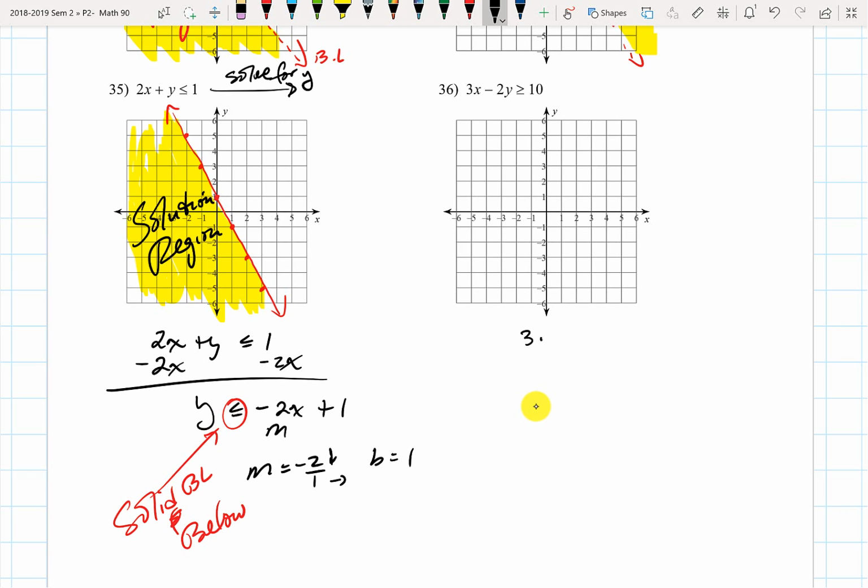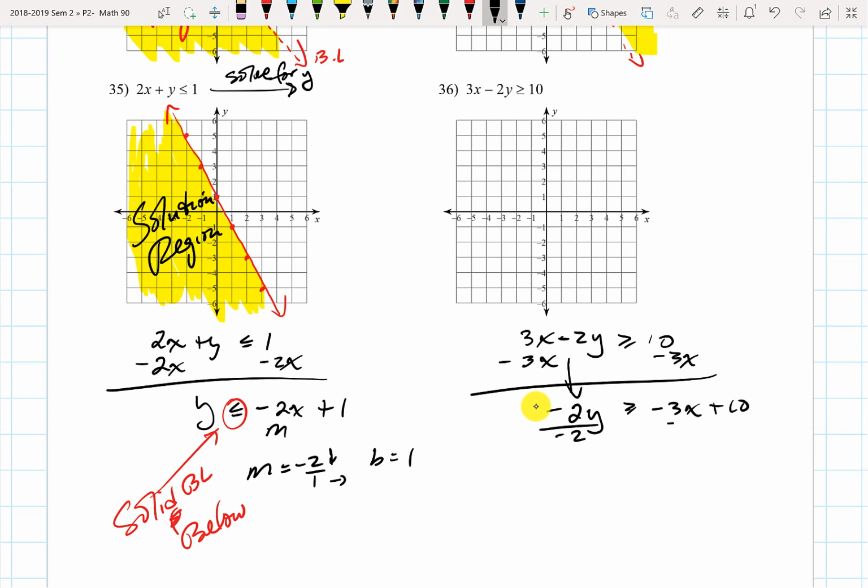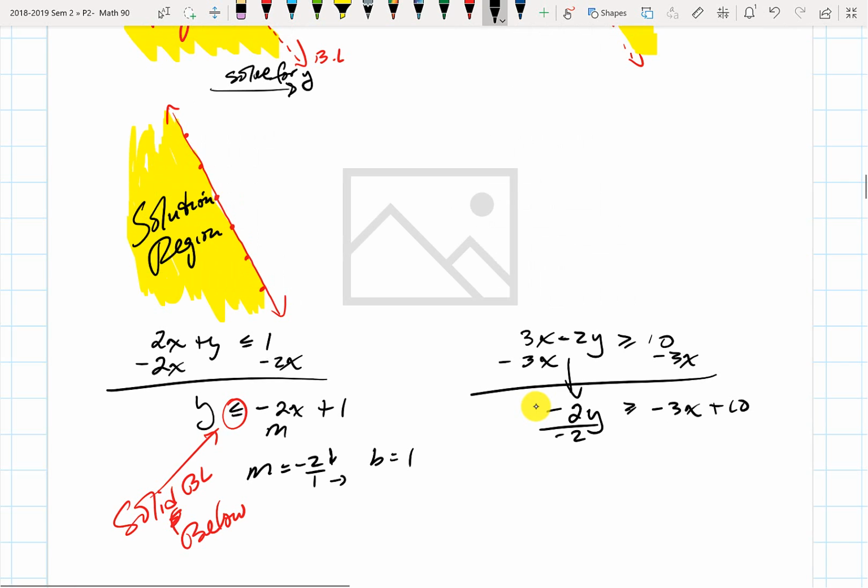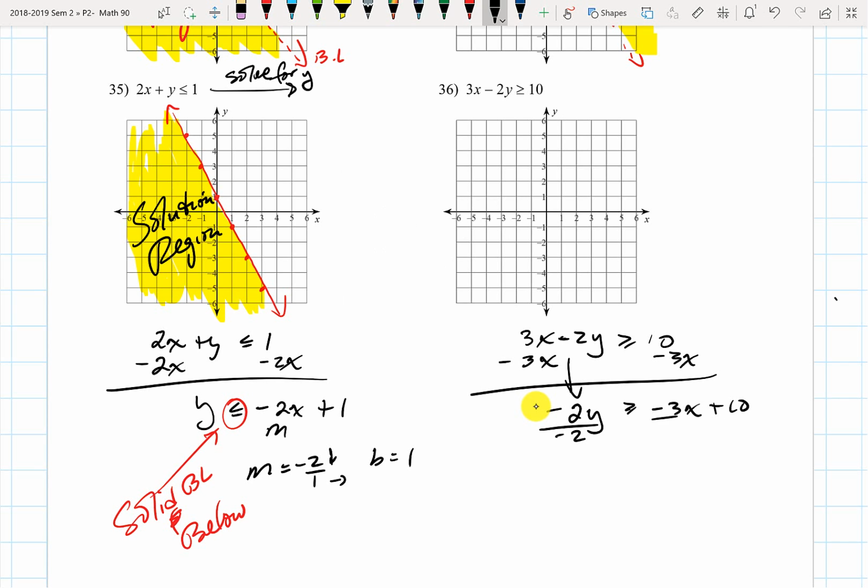Okay, and next one here we got 3x minus 2y greater than or equal to 10. Same idea, subtract 3x. Be careful here, it's a minus 2y, so bring down the negative 2y greater than or equal to negative 3x plus 10. Divide everything by negative 2, and switch the inequality.